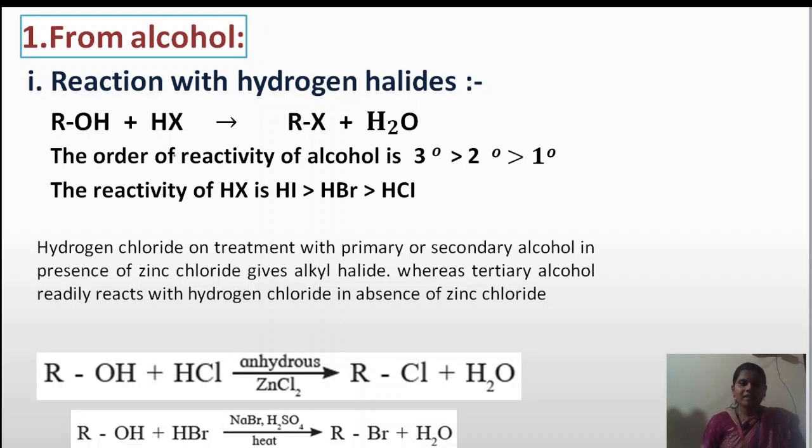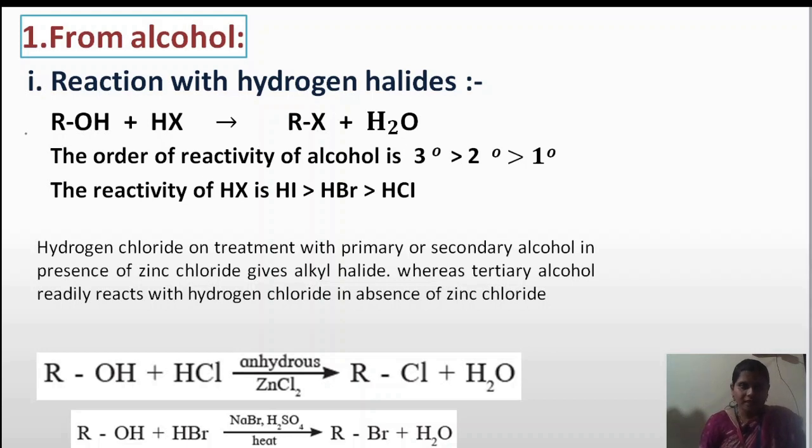Now this X may be chlorine, bromine or iodine, and these hydrogen halides are HCl, HBr and HI. When we react alcohol with this hydrogen halide, we get alkyl halide and water.